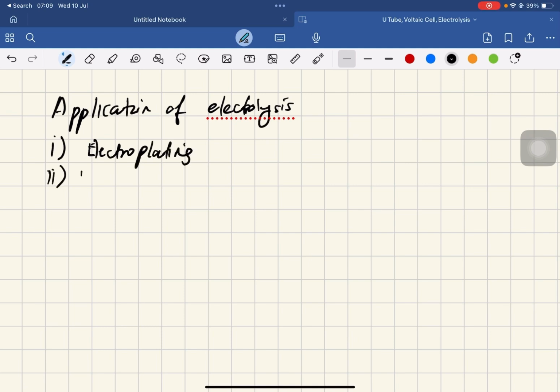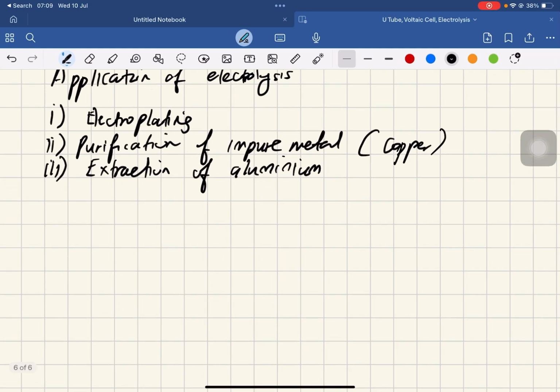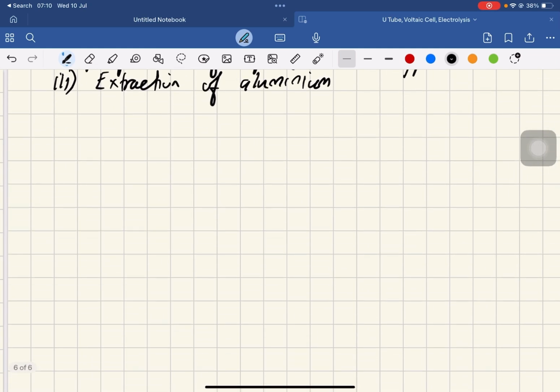Second is purification of impure metal. SPM focus is we're going to use copper. And the last one is extraction of aluminium. Okay, let's see electroplating first.